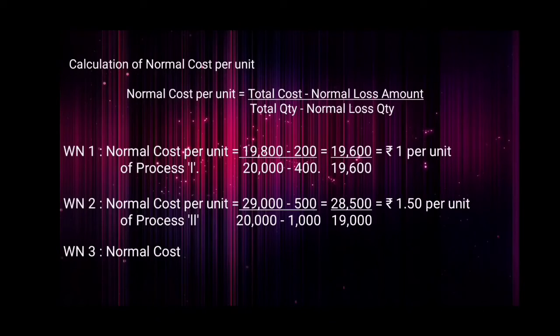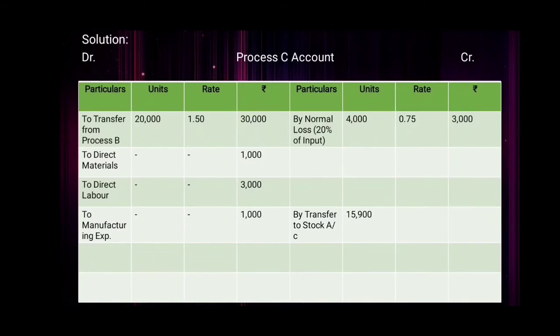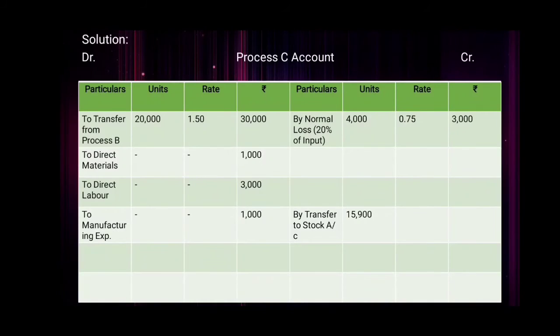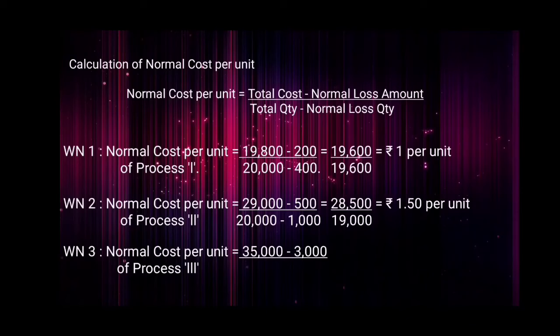Normal cost per unit of output of process 3 is equal to total cost. So the total cost will be 30,000 plus 1,000 plus 3,000 plus 1,000, which will be 35,000, minus normal loss amount, which is 3,000, divided by total quantity.